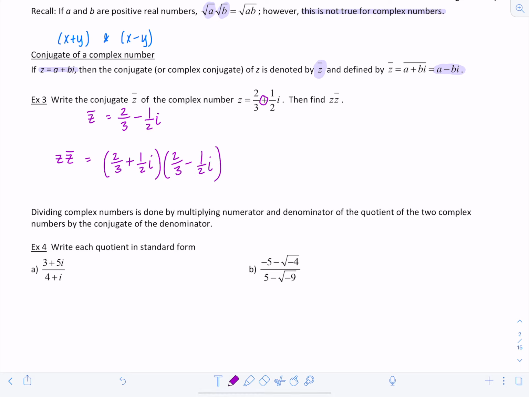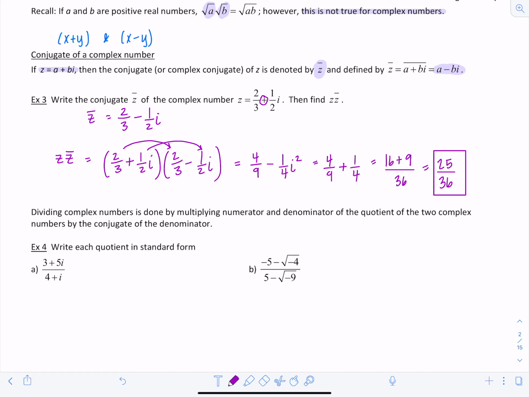And then notice something beautiful happens, because when we multiply conjugate pairs, remember we get a difference of two squares. So that's going to be 4/9 − 1/4 i². But i² is −1, so this is 4/9 + 1/4, which is going to give me (16 + 9)/36, which is 25/36.